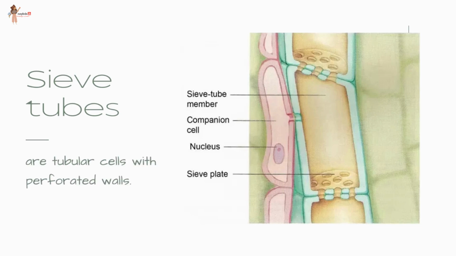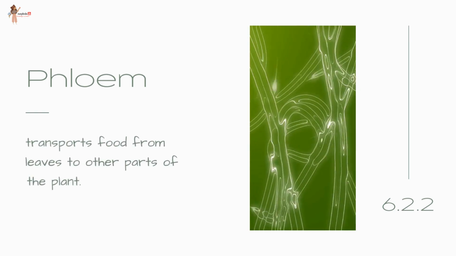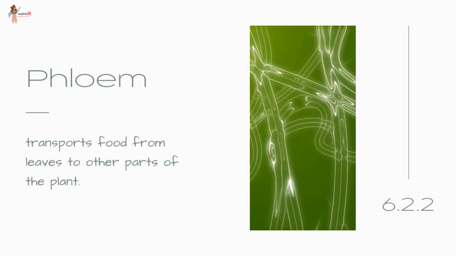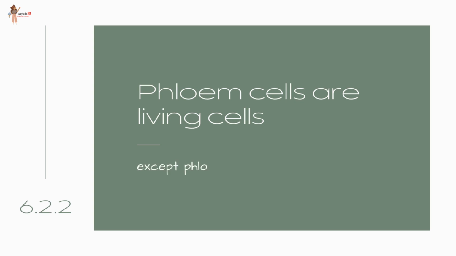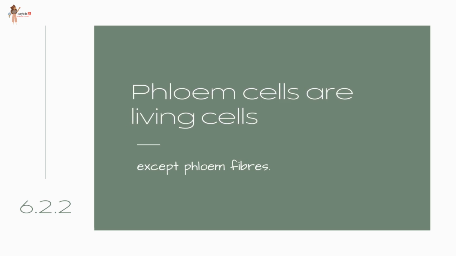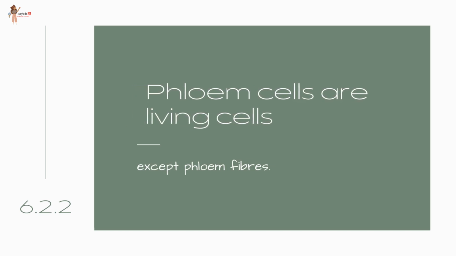Sieve tubes are tubular cells with perforated walls. Phloem transports food from leaves to other parts of the plant. Except phloem fibers, other phloem cells are living cells.